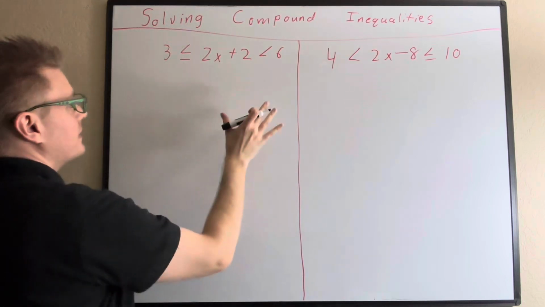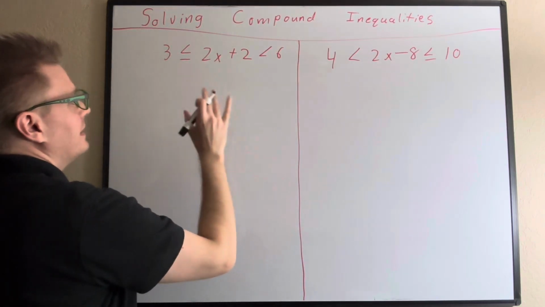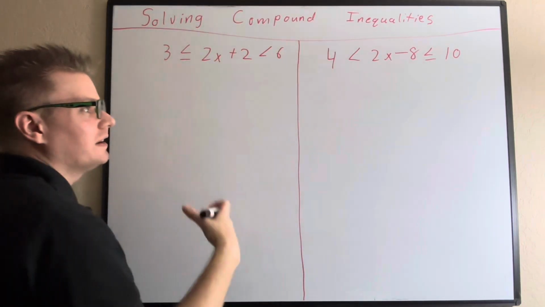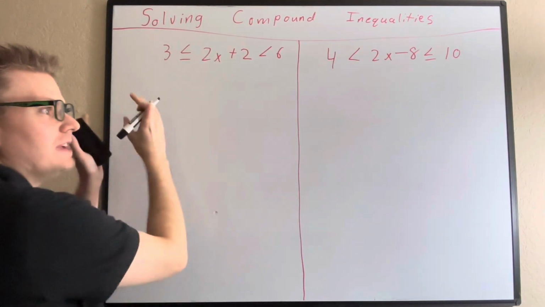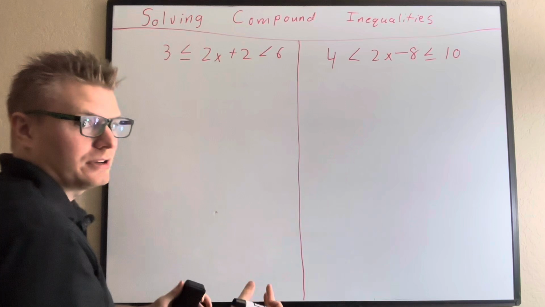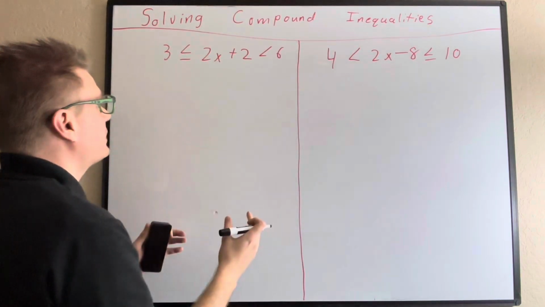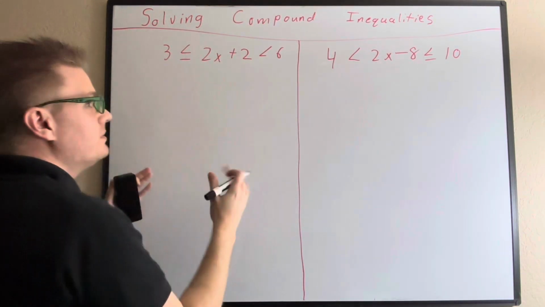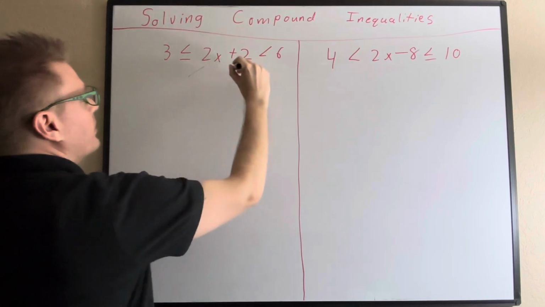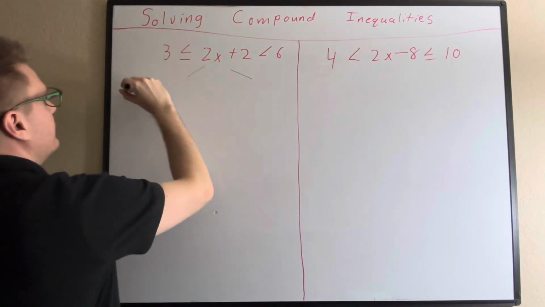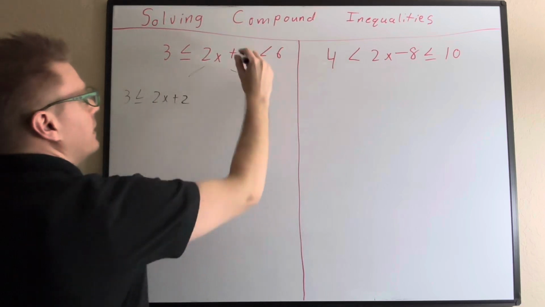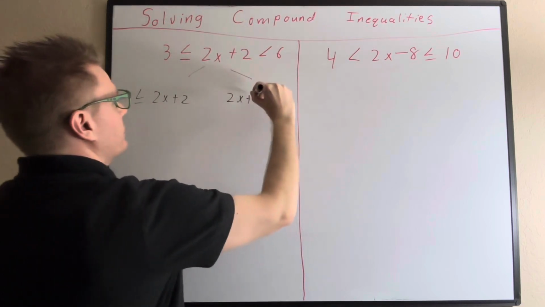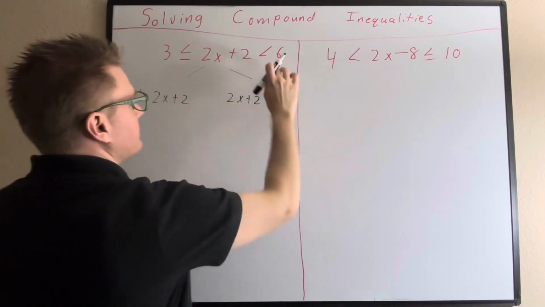So, first method is kind of like when you're solving a quadratic equation and you get two factors. You set each factor equal to 0, right? And then you solve for x. We can do the same thing here. We can split it up into 3 is less than or equal to 2x plus 2, and 2x plus 2 is less than 6, right?